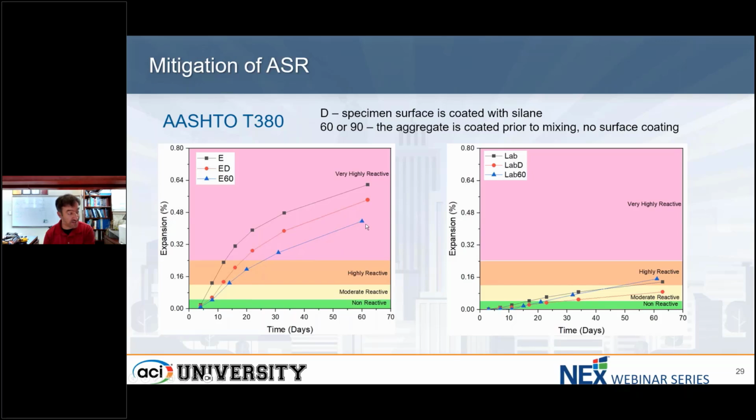I would never design anything, even with something like this. However, it is showing that if we have maybe a marginal aggregate that we think is reactive, or even historically has shown some reactivity, we can significantly reduce that potential by just coating the aggregates. And when we again look at our lab sand, which through the course of the study we realized is not as inert as we thought it was, we still see that we can minimize some of that reactivity.